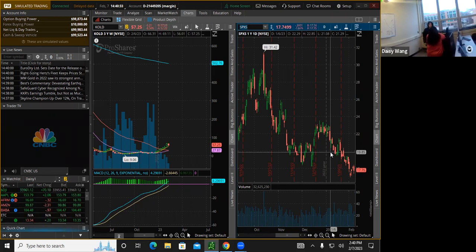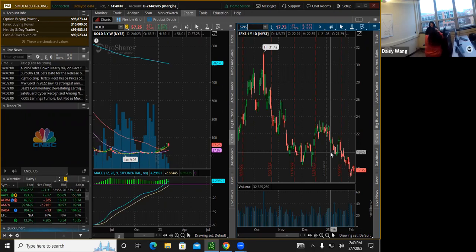I mean, you're bullish if you buy a call, and if you sell a put, you're also bullish. So what's the difference? The difference is when you buy a call, your gains are theoretically unlimited. But when you sell a put, your maximum gain is the premium that the person paid you for the put, and your maximum loss is the strike price that you sold.